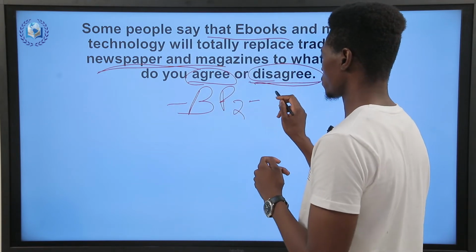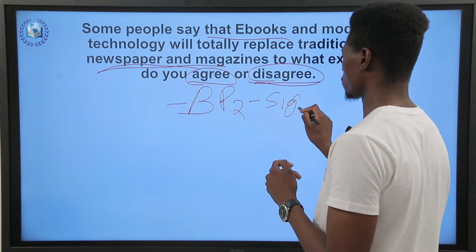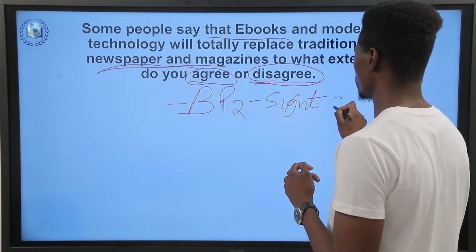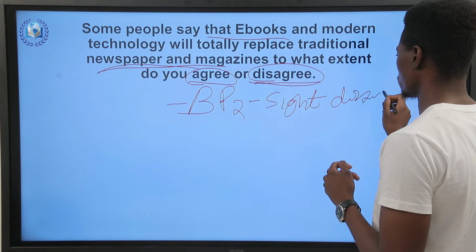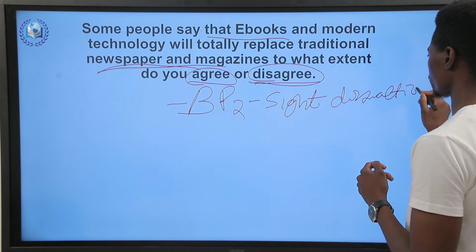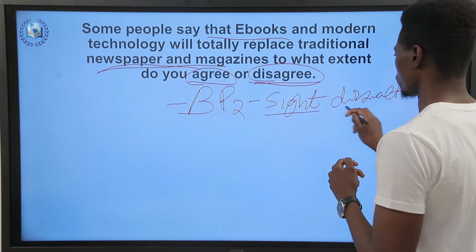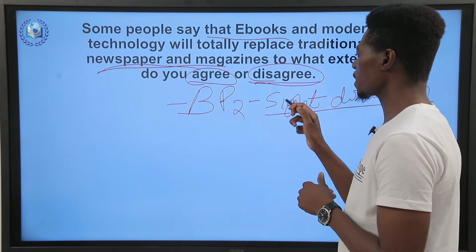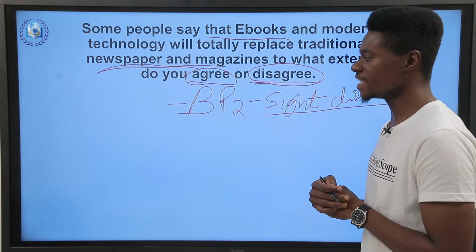Sight distraction, or there's a negative impact on eyesight.